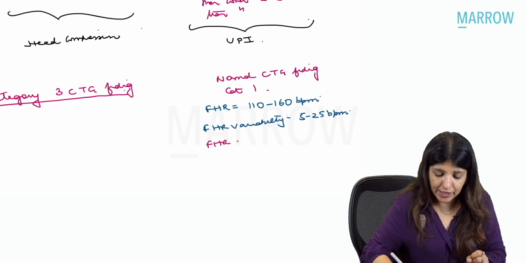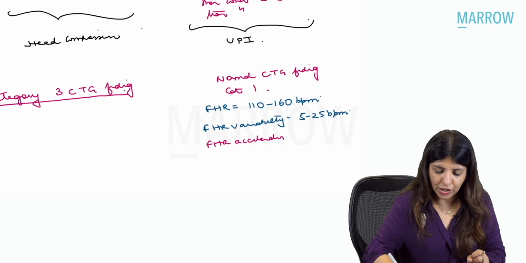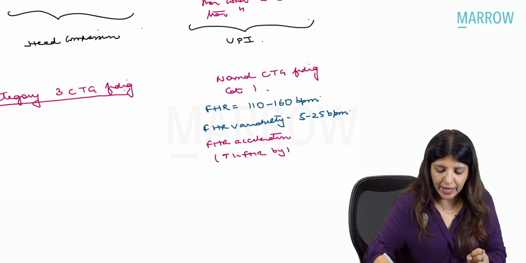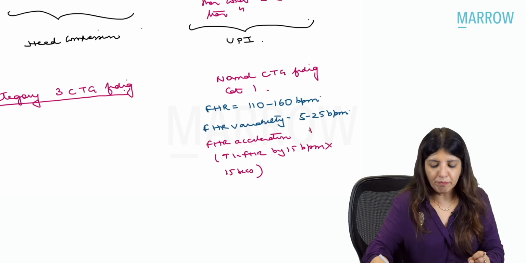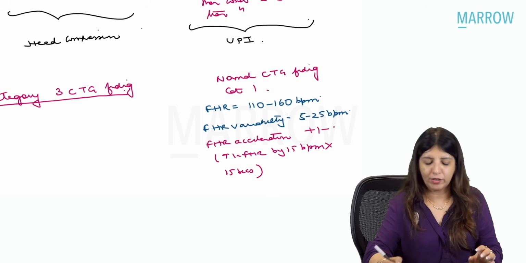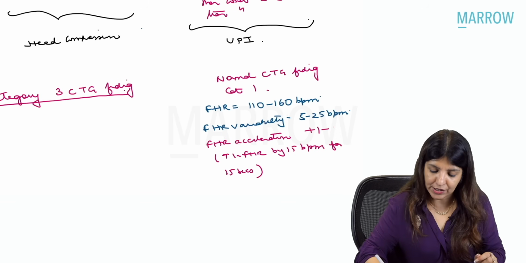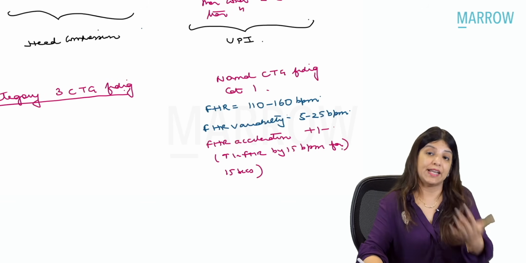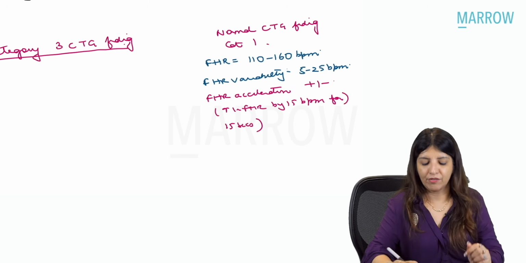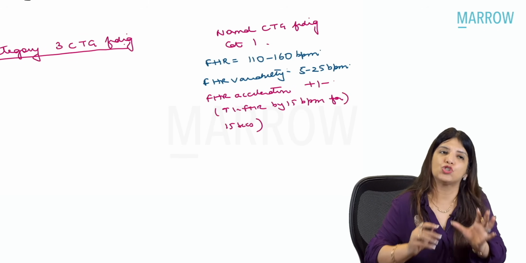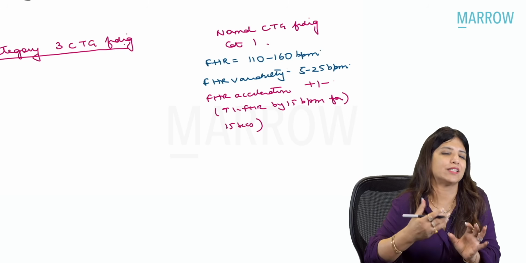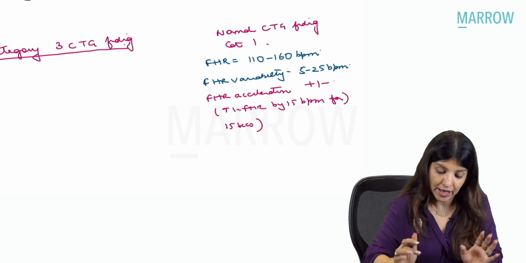Then fetal heart rate acceleration, that is an increase in fetal heart rate by 15 beats per minute for 15 seconds. This may or may not be present in CTG. Fetal heart rate acceleration is important for NST. It doesn't have any significance in CTG. That is, during labor, whether fetal heart rate is increasing or not doesn't hold any significance, right?